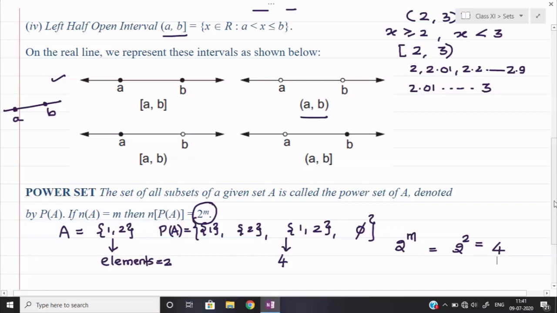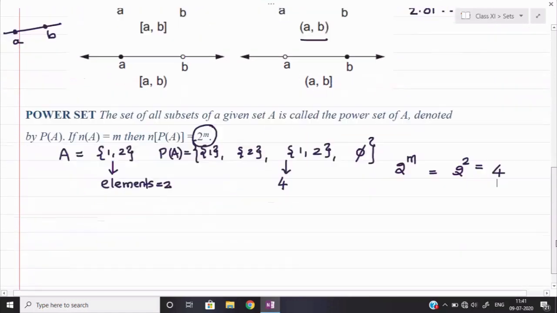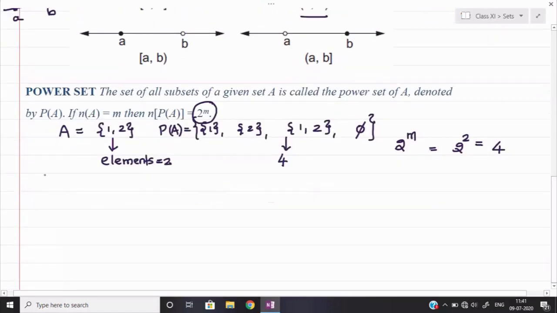I will show you one more example to make you clear about this. Suppose I take here one set B, and if I take 3 elements in B: a, b and then c. So if I list out all the subsets over there, what will you write down here? First one is {a}, second one is {b}.